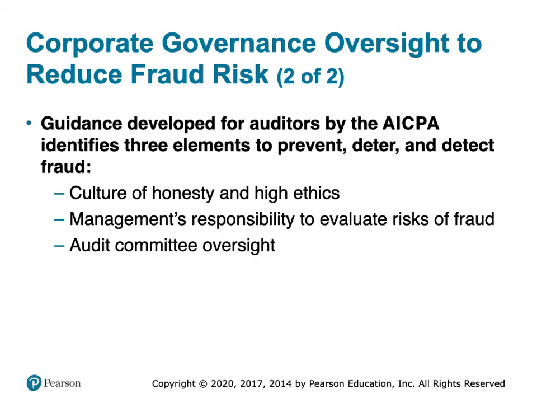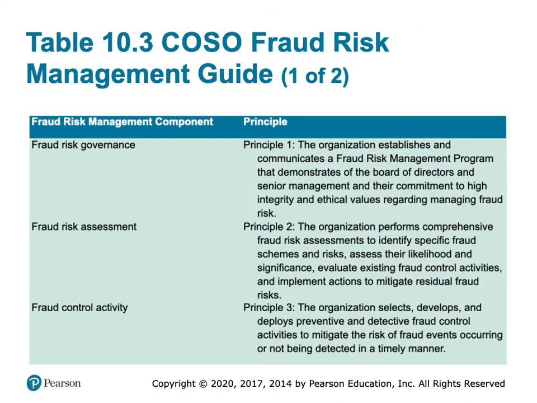So the auditors look for the guidance from the AICPA, which basically says the things about tone at the top, right? Culture of honesty and high ethics. Management evaluates fraud, and then there's audit committee oversight.